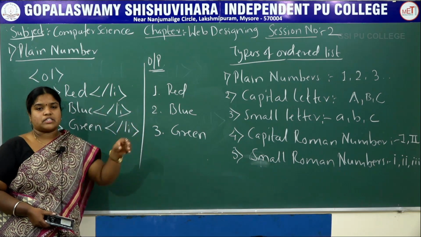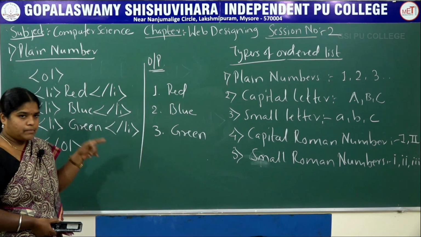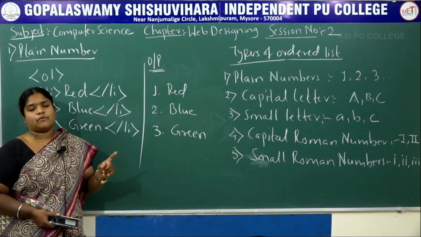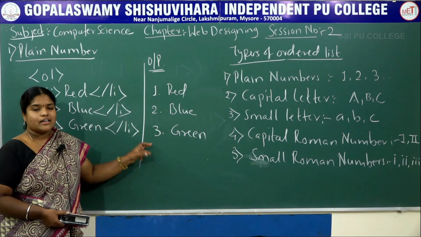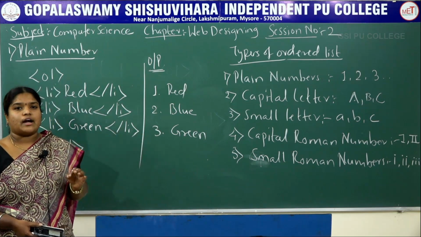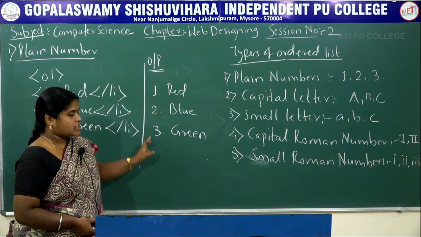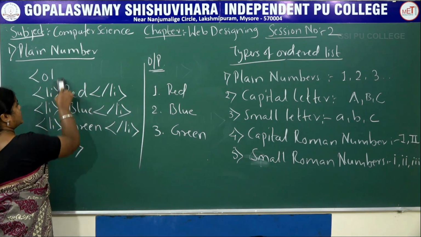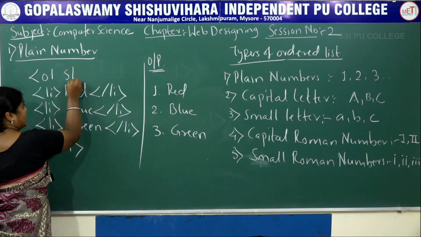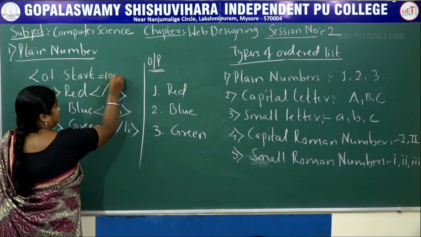Plain numbers is the default type of numbering. So we have got the numbers from 1, 2, 3 onwards. Suppose you want to start the number from 100, or from any particular number. In that case, we have to use the attribute start.